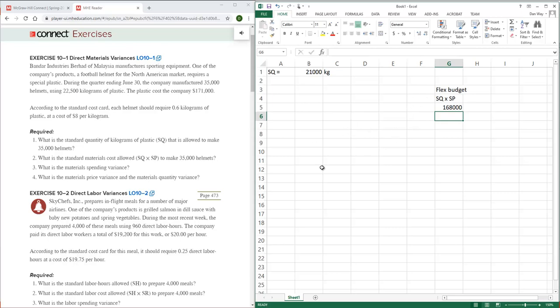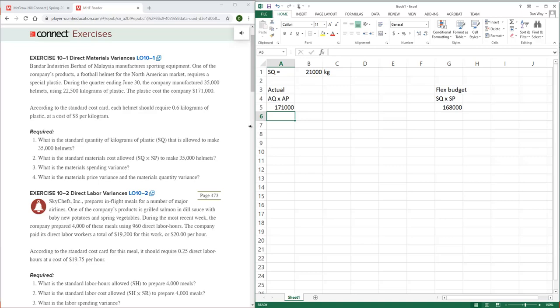So going back to our problem here, requirement 3 is we're looking for the materials spending variance. Now remember, the spending variance is comparing the flex budget to those actual results, which would essentially be the actual quantity and the actual price if we were thinking about those components separately. But here we know the plastic cost a total of $171,000, so we don't have to worry about the individual components yet.